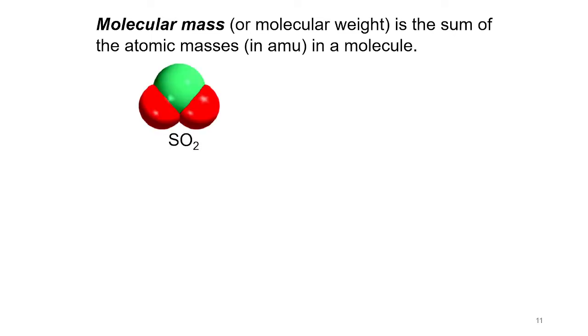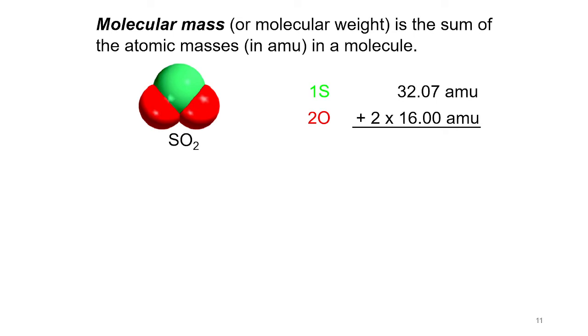If we have sulfur dioxide, it has one sulfur and two oxygen, so we just need to add the atomic mass units. If we have two atoms of one element, we multiply it by 2. If we have 3, multiply it by 3. We have 32.07 for the atomic mass unit of sulfur and 16 for oxygen, and since we have two oxygen, we multiply it by 2.